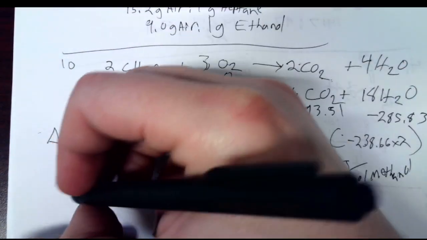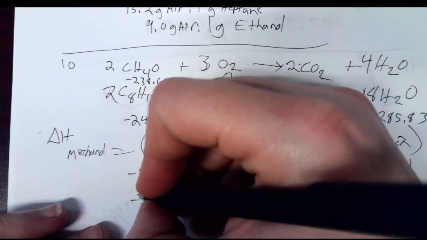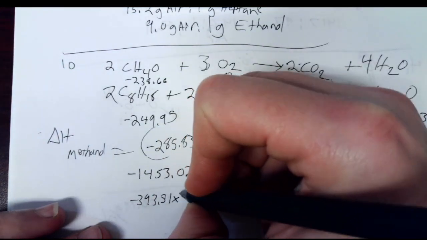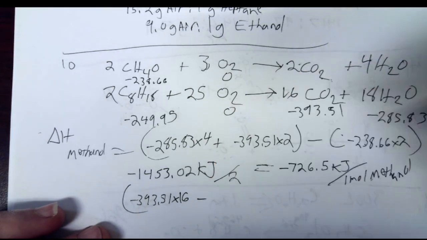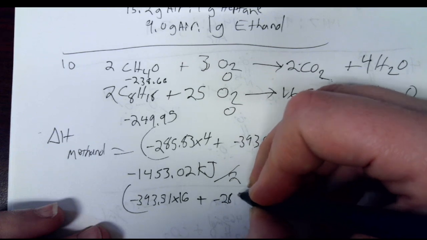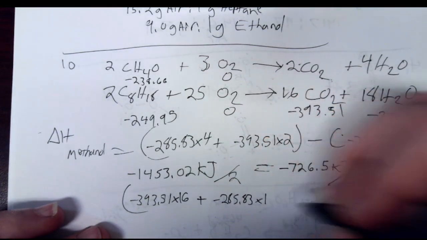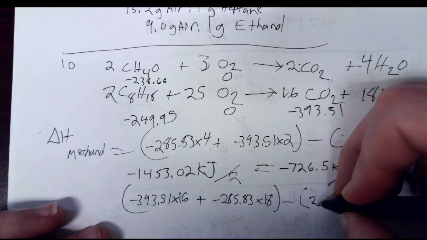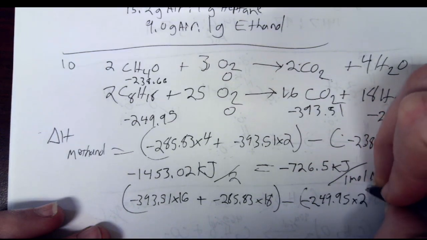Doing the same thing with octane. So we get negative 393.51 times 16 and plus a negative 285.83 times 18 minus a negative 249.95 times 2.